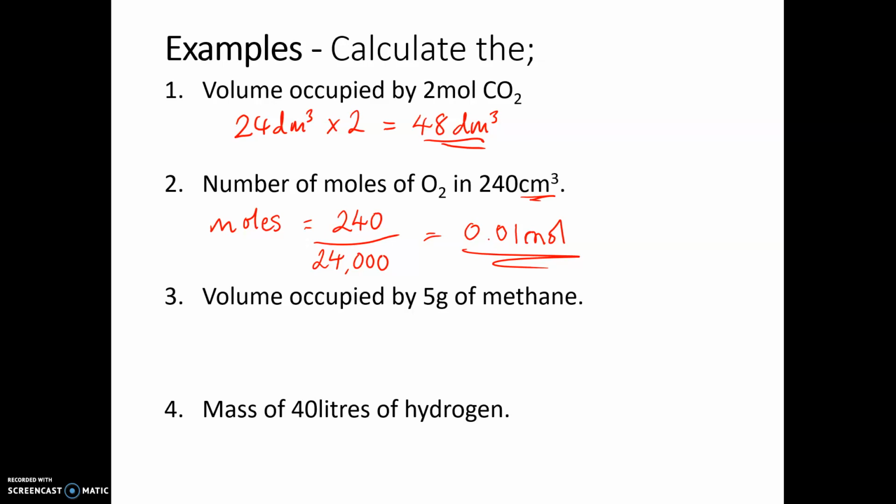Volume occupied by 5 grams of methane. Now this is more complex because we have a mass of methane rather than the number of moles. So the first step is to find the number of moles, and moles is equal to mass over Mr. Mass is going to be 5 grams, and the Mr of methane, which is CH4, is going to be 12 plus 4, or 16.